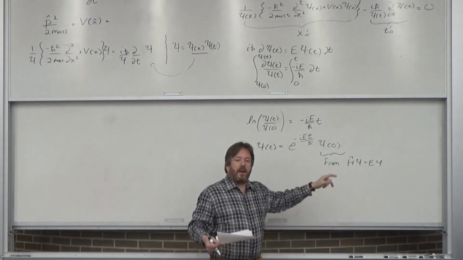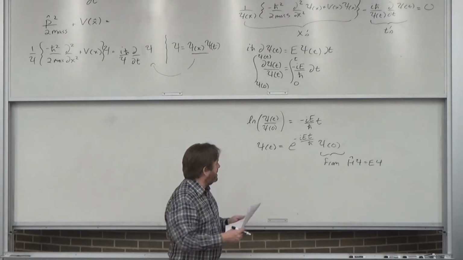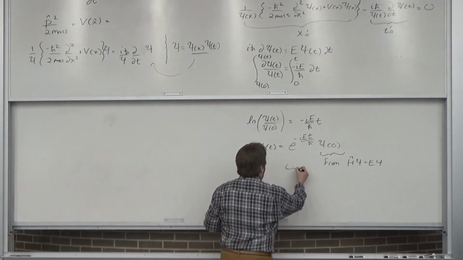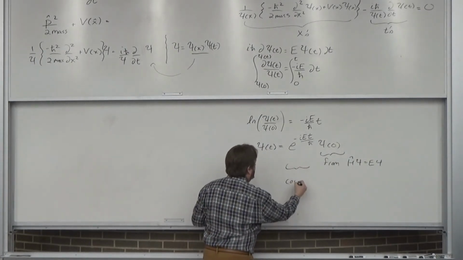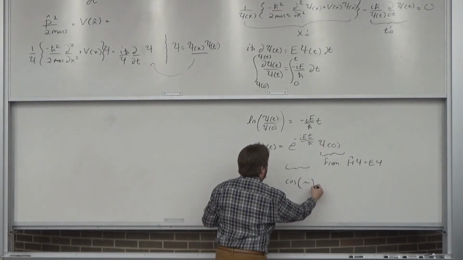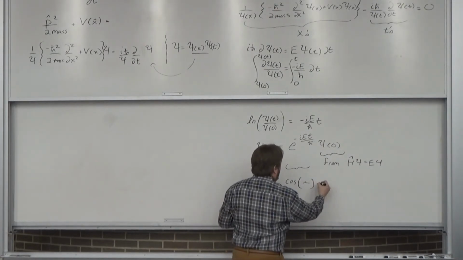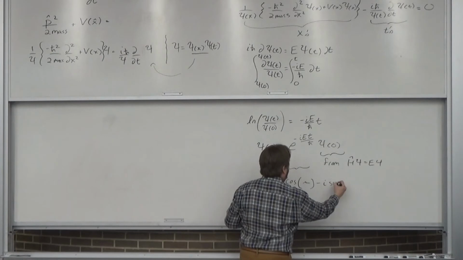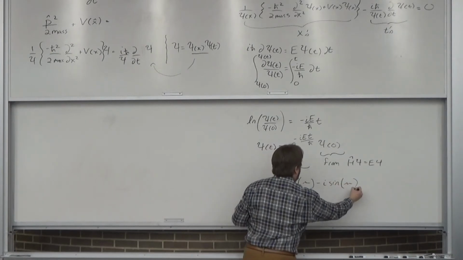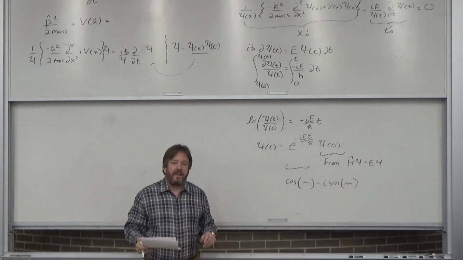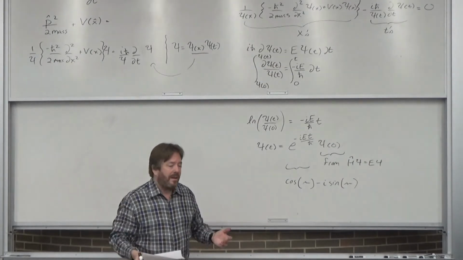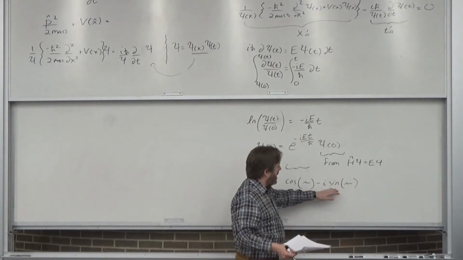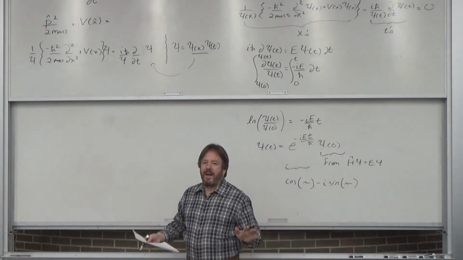Now, if you're thinking, well, I don't know how to handle e to the minus i something something, yeah, you do. It's cosine of the argument minus i sine of the argument. You can handle cosine and sine. It builds up some complex character, but regardless, we're good at that now.